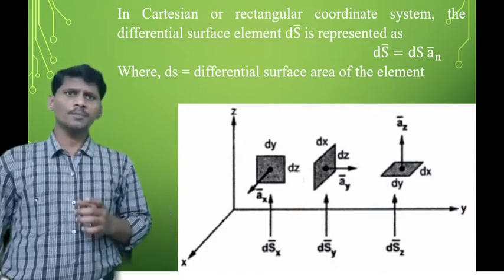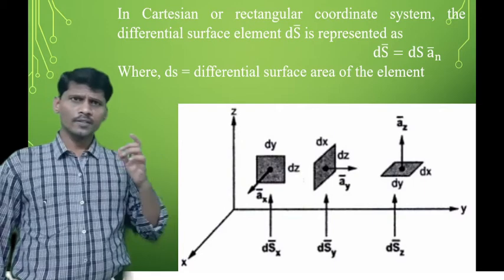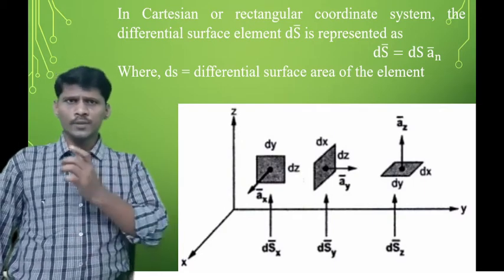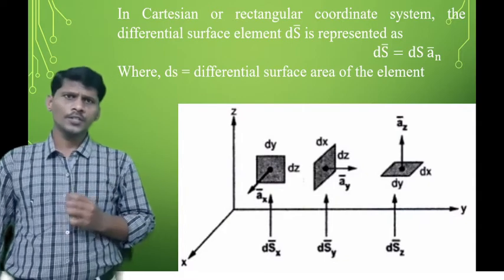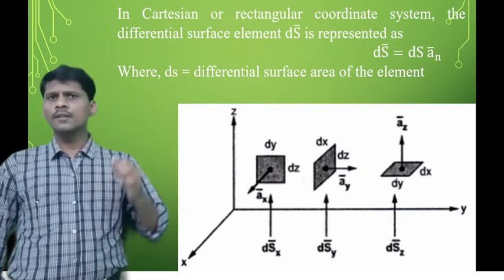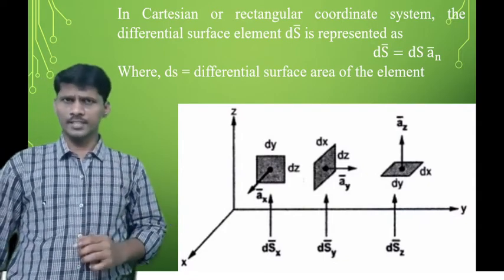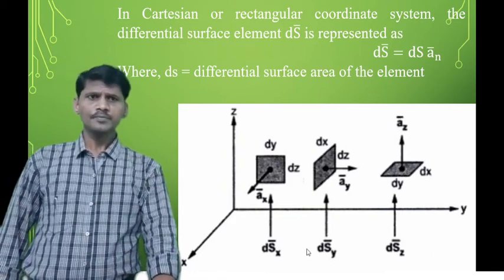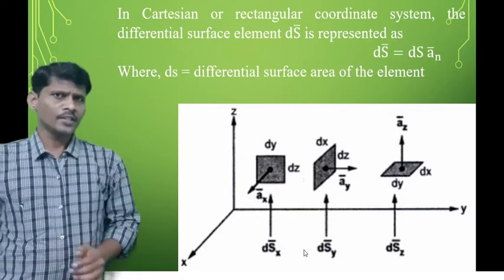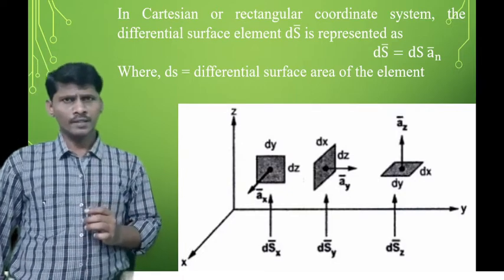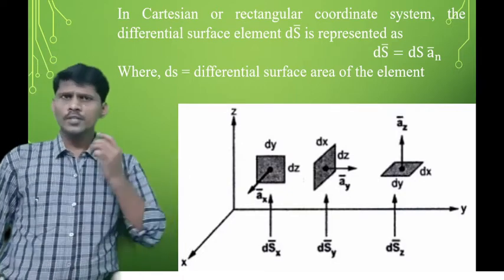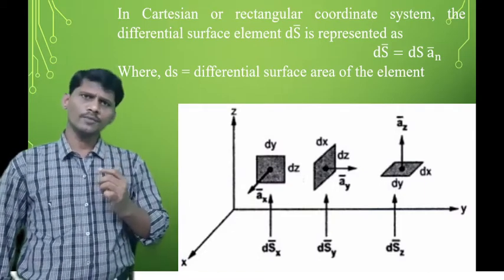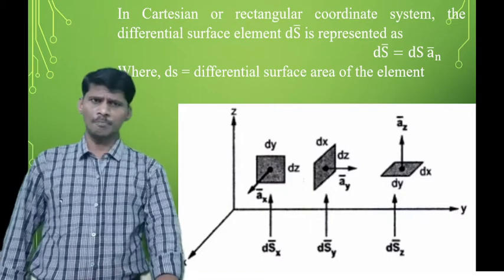That is the general representation of differential vector surface area, where ds is the magnitude of differential surface, and an bar is the unit vector in the direction normal to the surface ds. So now calculate the differential vector surface area in x direction, y direction, and z direction.